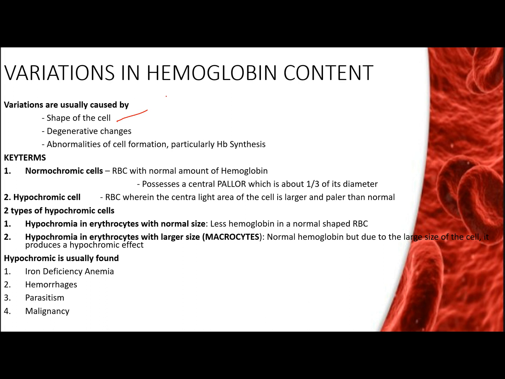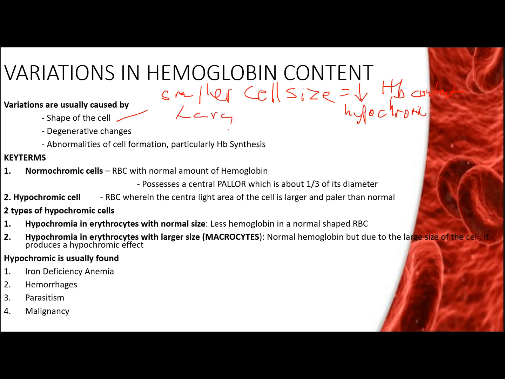Kapag ang shape of cell nyo, if you have a smaller cell size, obviously you would have lower hemoglobin content, meaning you would be hypochromic. If you have a larger cell size, larger hemoglobin content, hyperchromic.